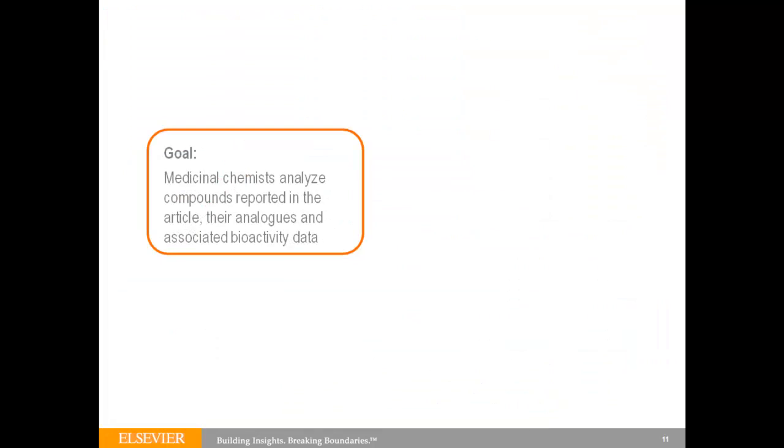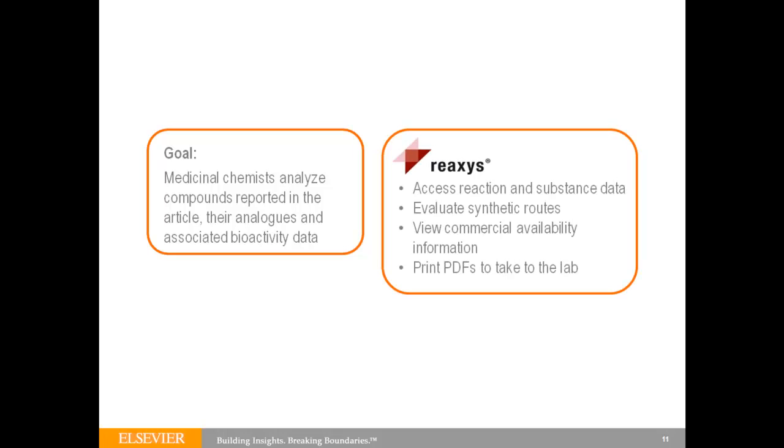Your goal is to analyze compounds reported in the article, their analogs, and associated bioactivity data. With Reaxys, you can access reaction and substance data, evaluate synthetic routes, view commercial availability, and print PDFs to take to the lab.